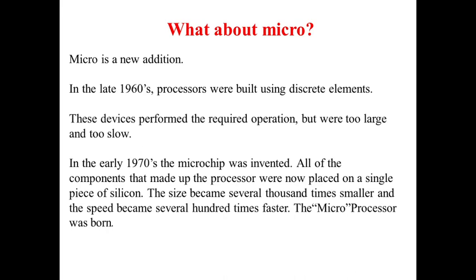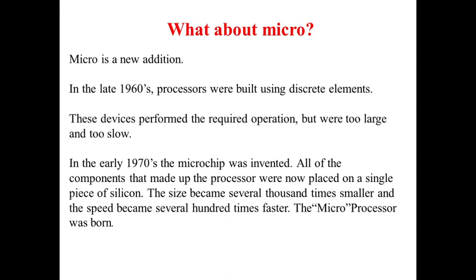That means there are several elements, and we have to connect those several elements discretely to form the processor. These devices performed the required operation, obviously, but were too large and too slow. Actually the components were very bulky, and the operation happening with those components was very slow.